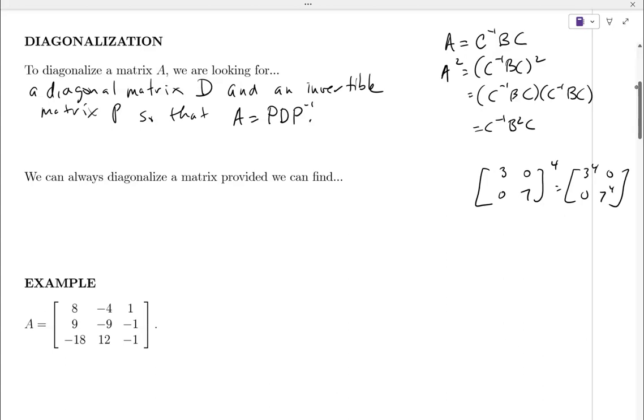So isn't it easier to do a power of a diagonal matrix than a power of an arbitrary matrix? Yeah, especially from a computational standpoint. It's a lot easier, right? So if I need to do an analysis of something that requires higher and higher powers of a matrix, if I can diagonalize it, it saves me a lot of time. This is one of the reasons why we care.